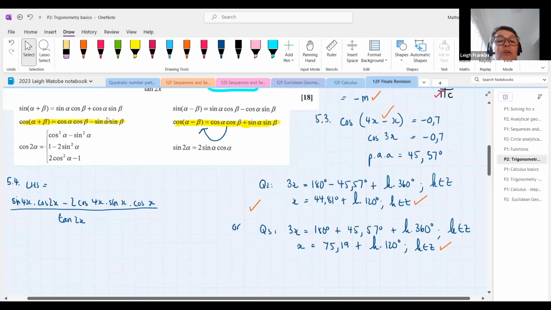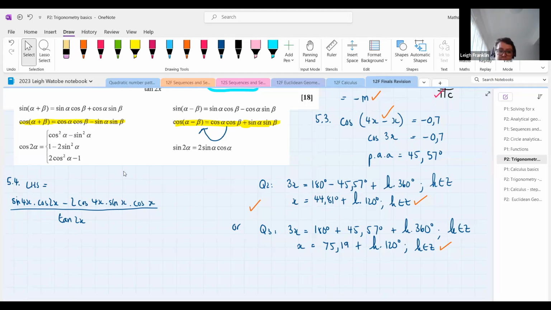It doesn't look exactly like a compound angle, but we've got the sine 4x cos 2x. So it kind of does look a little bit like a compound angle, but they've just manipulated it in a funny way just to kind of throw us off a little bit.